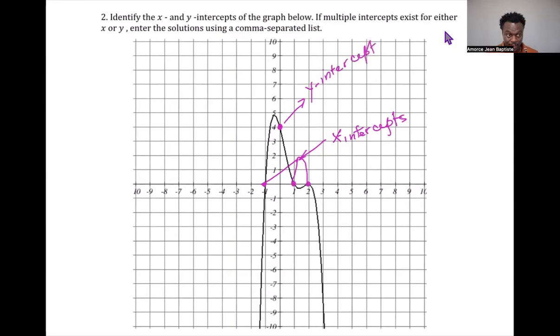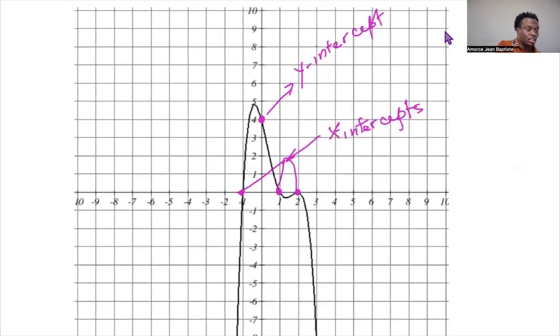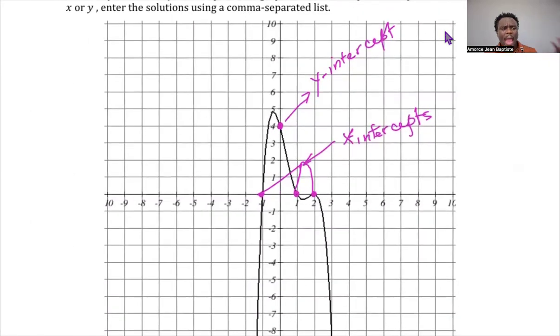Now, we know the values, right? The values, again, are not the actual intercept. The values are the x or y values at which the graph intersects with the axis.